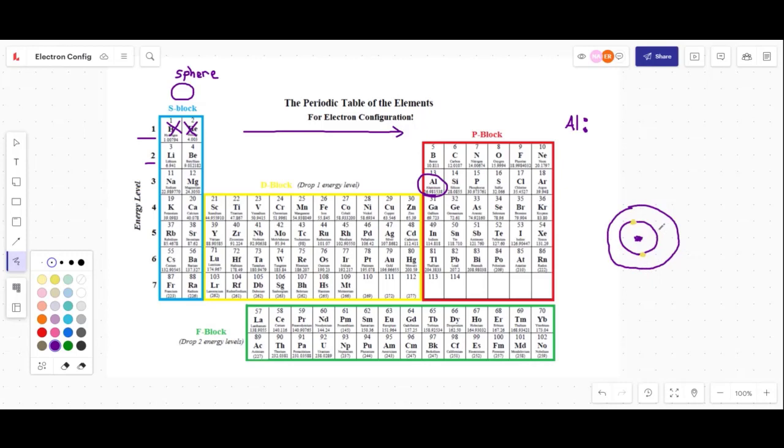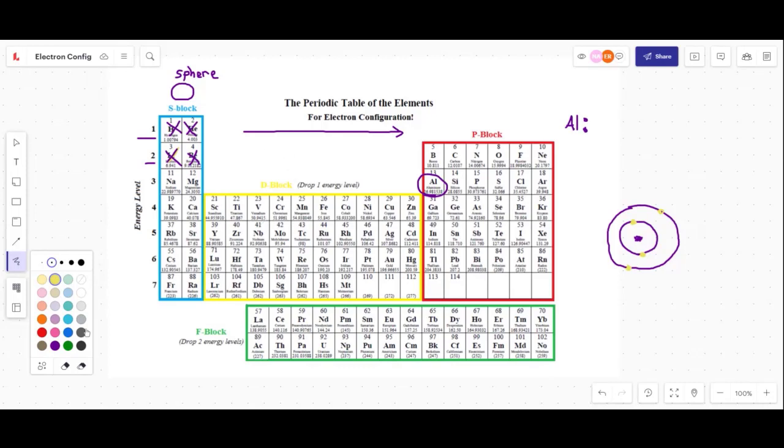The second energy level is farther away from the nucleus than the first energy level. And there are 2 places for electrons to inhabit. Each box represents a place for one electron. So in that second energy level, that second orbital, I can have 2 electrons. So I'm going to put one here, and I'm going to put one here.